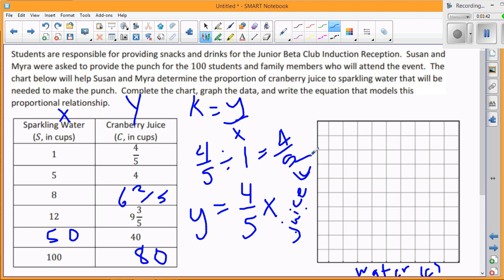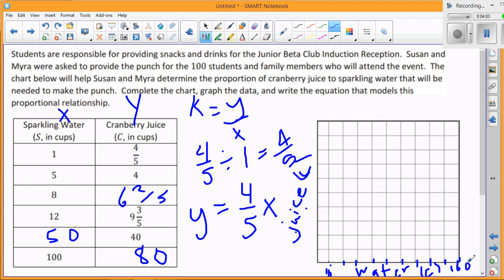Now, the range of values goes from 1 to 100. So we could count by tens, and I think that will fit everything. 10, 20, 30, 40, 50, 60, 70, 80, 90, 100.